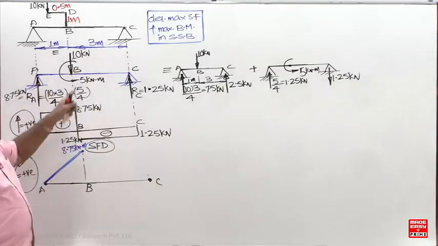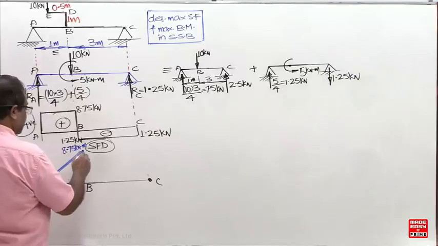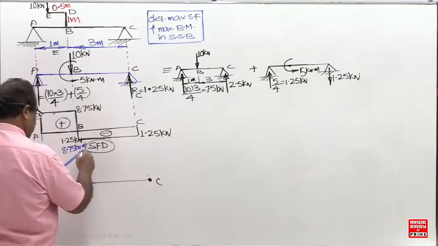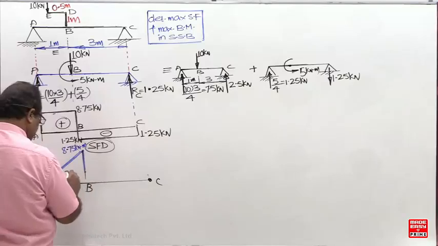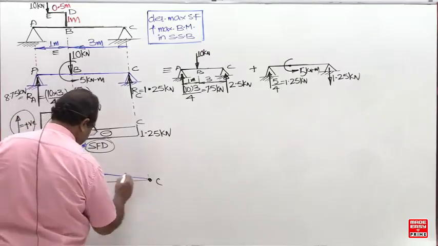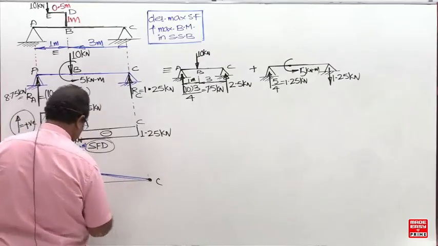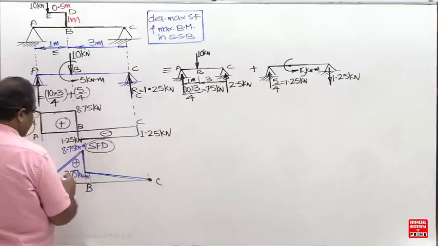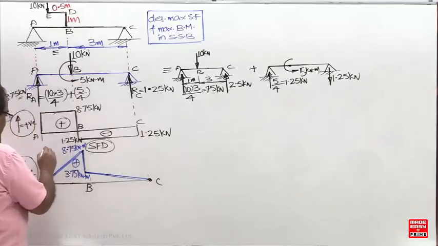Clockwise positive means anti-clockwise negative. 8.75 minus 5. So this is 3.75. So this is the maximum bend moment.